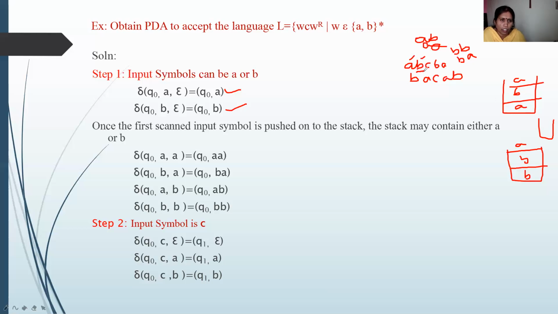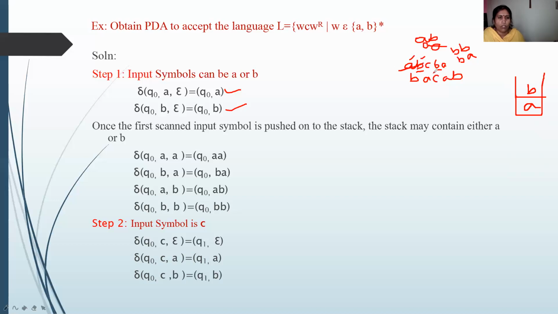Now, after input symbol C, we have to check the string and its reverse. If in the stack B is there and input is B, then it has to be popped; then we can tell that the string and reverse of the string are the same. Say here AB is pushed into the stack, I take the first string A, B, pushed into the stack.